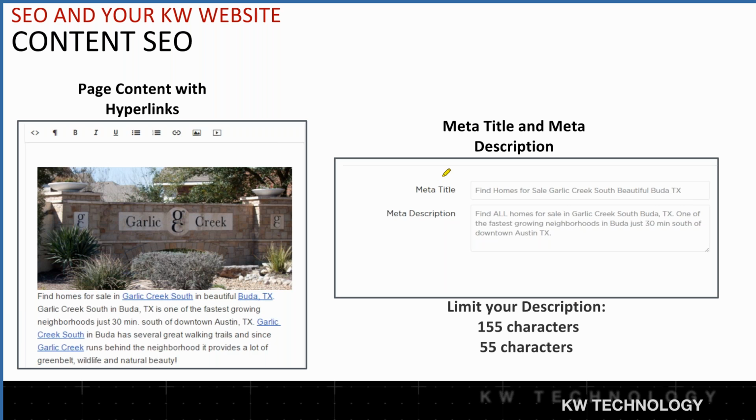The title tag, meta title, and meta description. The meta title is the catchy headline, if you will. We want to entice them to click on that link. The meta description shows up underneath it. If you're thinking about Google, you'll see in blue a link to click on.